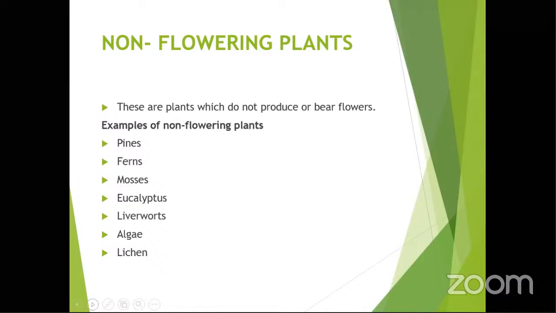Usually, teachers handle this in primary 6, but you can still handle it in primary 4, and you still understand it because it is not very difficult. The other example of a non-flowering plant is lichen. The last one is lichen, but there are also others that we have not mentioned.